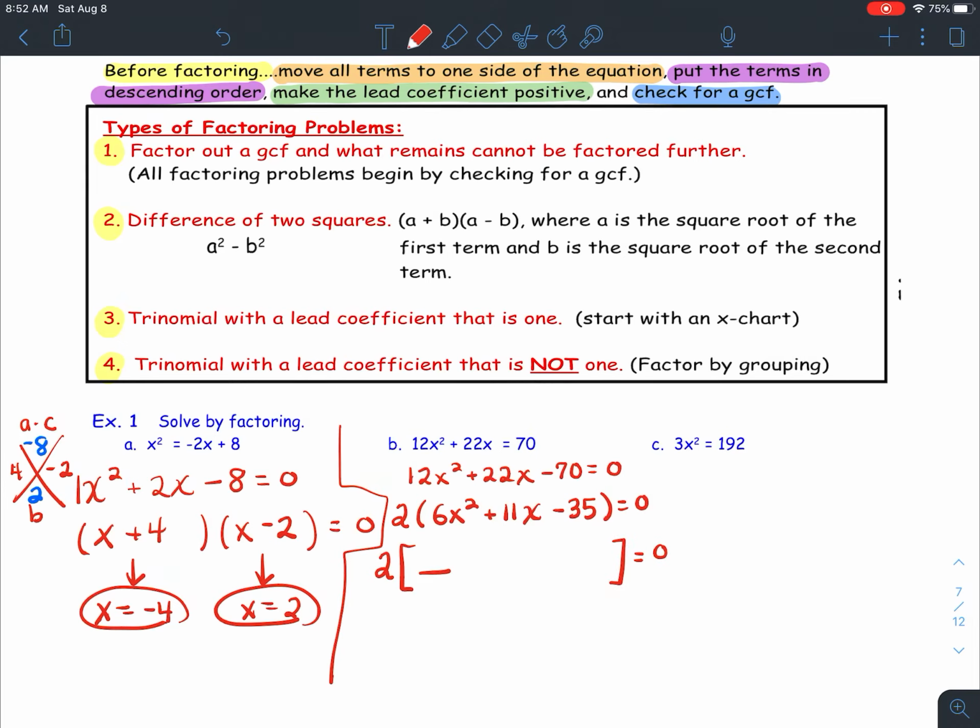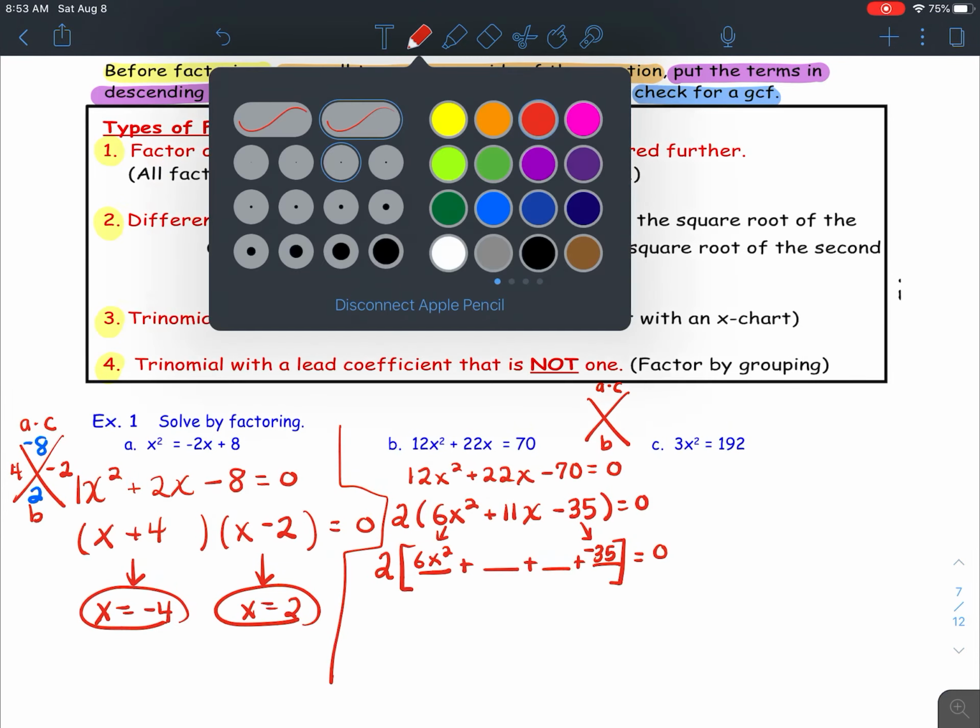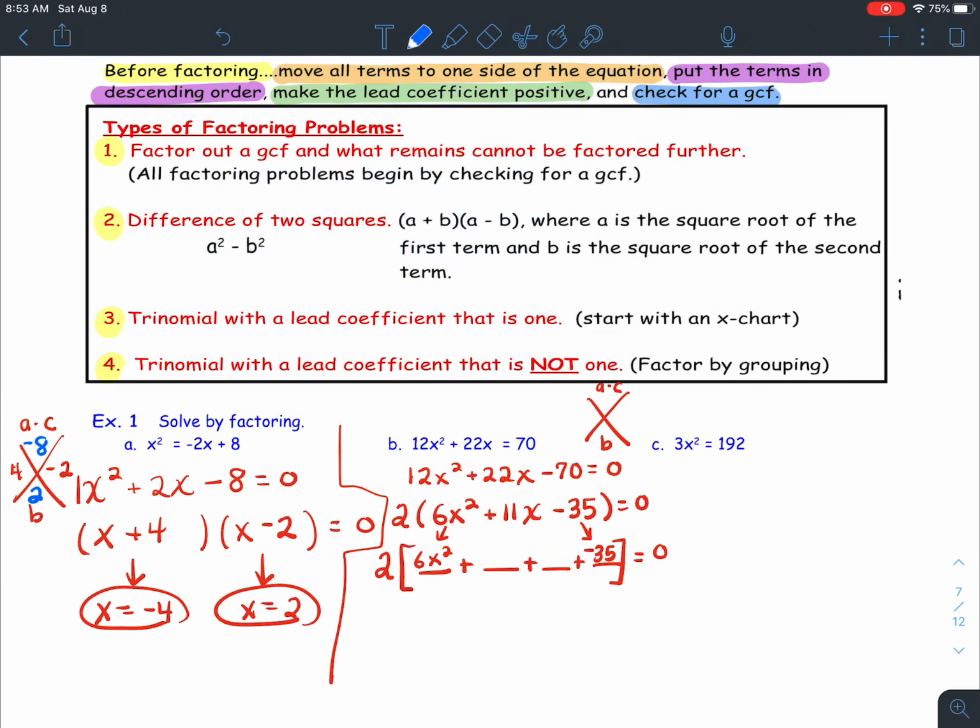Okay, so I'm going to keep that GCF out in front. I'm going to go ahead and upgrade the parentheses to a set of brackets, and then inside those brackets, I'm going to draw 4 blank lines. If you recall, the first term goes on the first blank, the last term goes on the last blank, and then we proceed with making one of those X charts where A times C goes in the top.